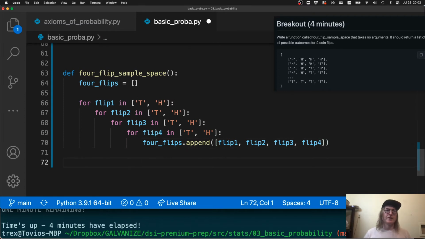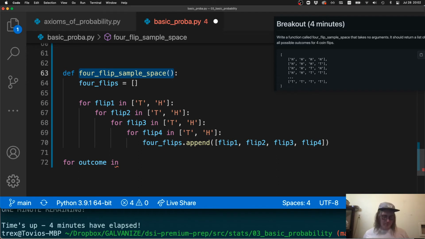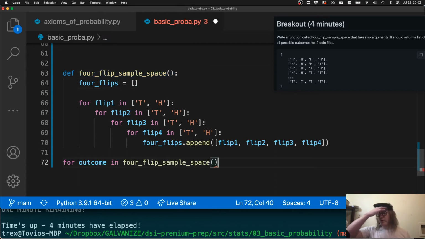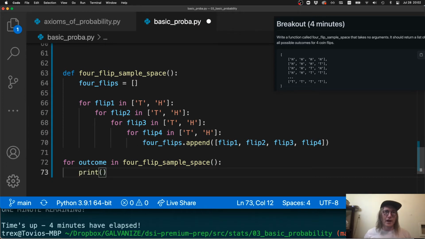And we can take a look at this. If we say for outcome in, and in this case I'm just going to grab the function name, because that will return a list that we can traverse, I'll just print the outcome.